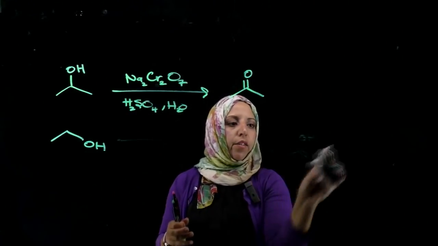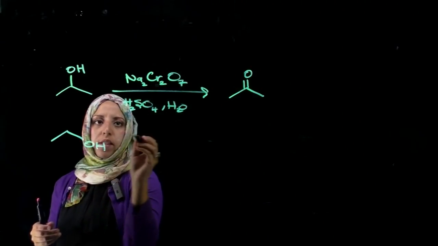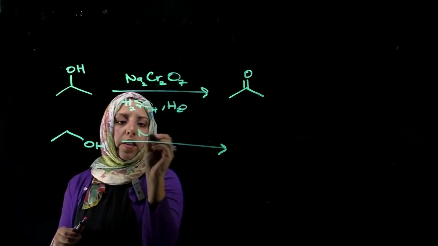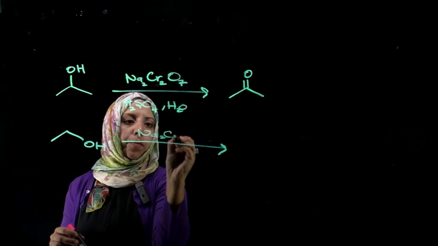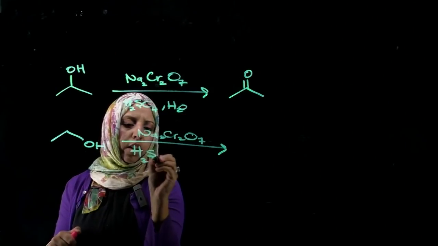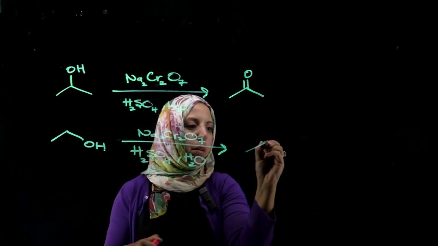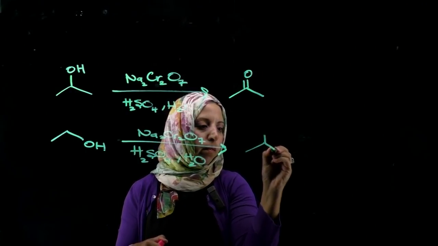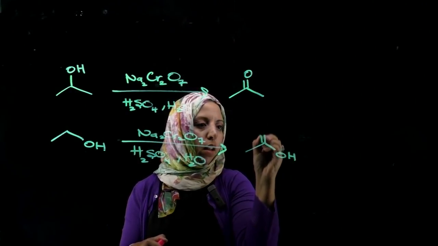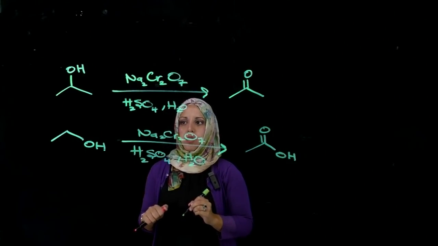But if what you have is a primary alcohol group and you use any form of chromic acid, then you end up forming a carboxylic acid group. Very strong oxidizing agent.